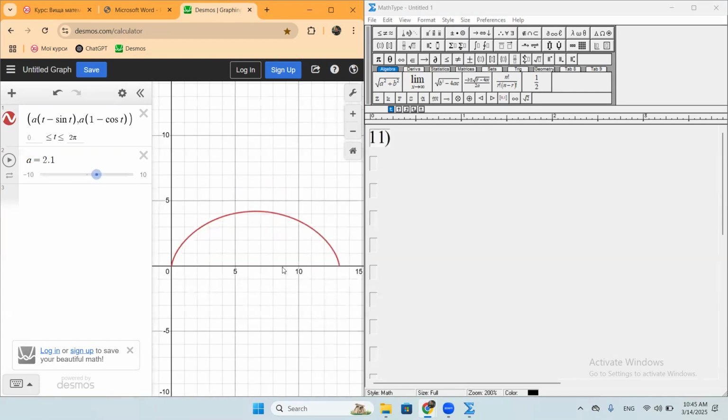The base of the cycloid is the x-axis, so we will rotate around the x-axis.